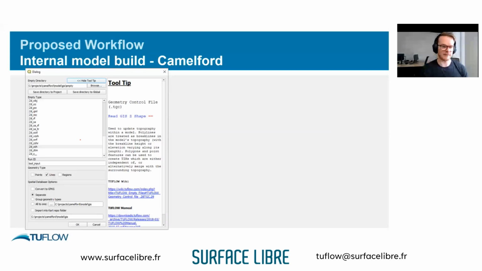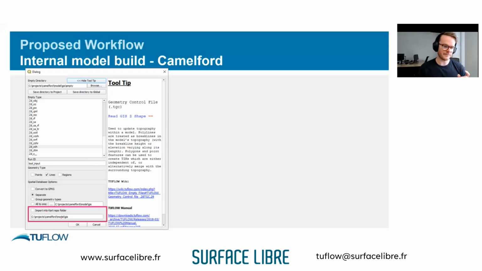So I jump in and open up the import empty tool in the TUFLOW plugin. This is just some advertisement for the TUFLOW plugin. If you're not familiar, essentially I'm grabbing the 2D Z shape because that's the layer used for break lines. The run ID is not particularly interesting in this case; it's a bit of an odd name that I chose in this example. But the key is this option down here has been added.